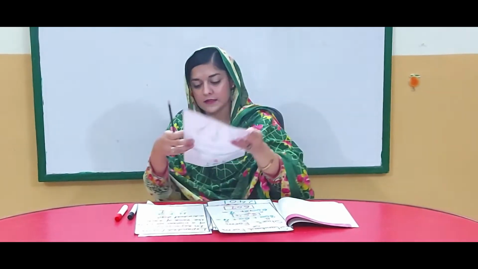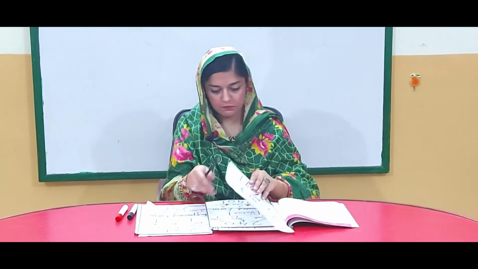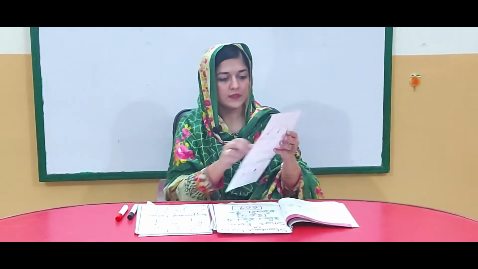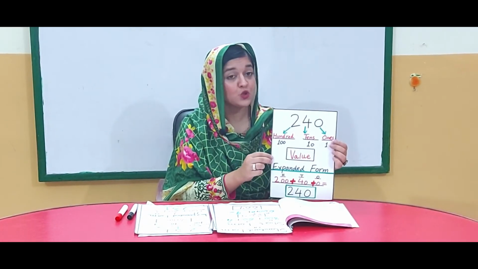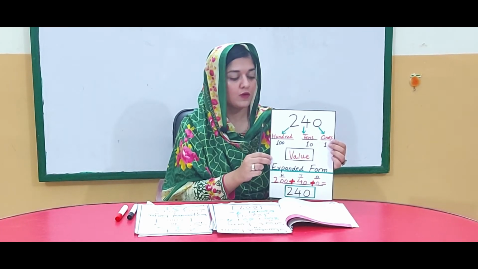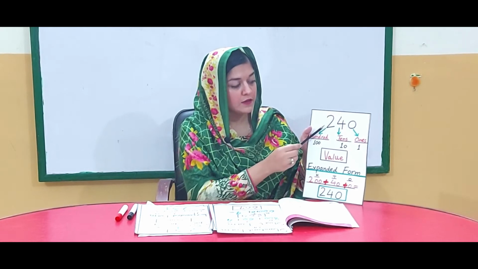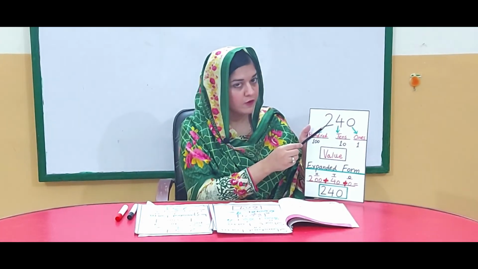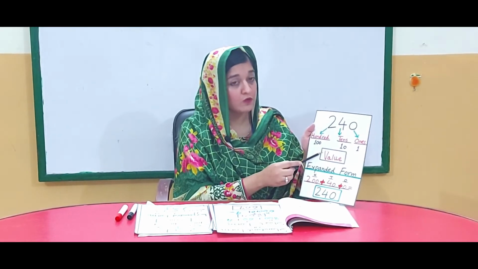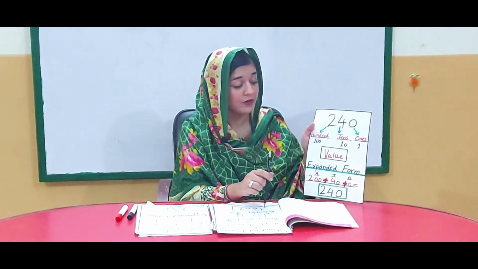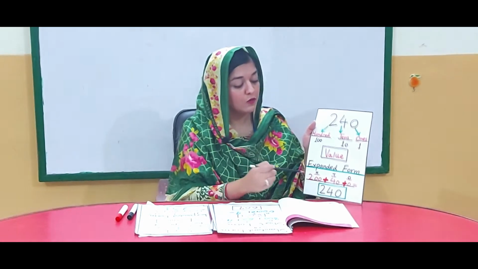Okay, let's check another example. Here the number given to us is 240. If we are asked to write 240 in expanded form, what will we do? First of all, we will know the value, because the value is very important. If we don't know on which place a digit is standing, we can't do the expanded form.